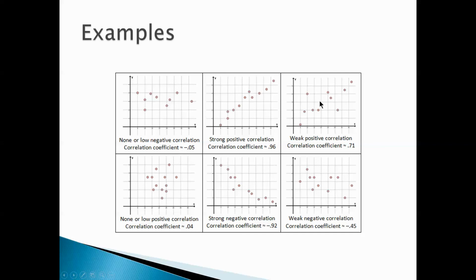And here are a couple of moderate relationships, one positive and one negative. So by looking at these, you ought to be able to get a general idea of where the correlation coefficient is just by looking at the scatter plot. You ought to at least be able to tell whether it's positive or negative, or close to 0, and whether it's really close to 1 or -1 or not so close.